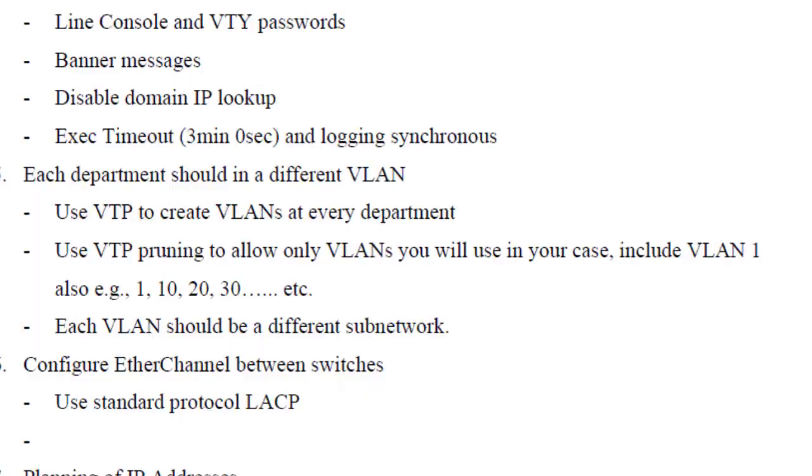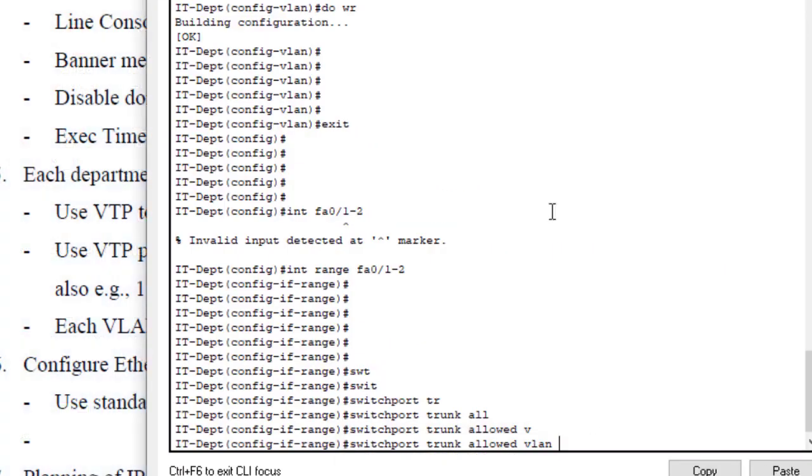The rule said VLAN 1 should be included, plus the VLANs that we created. So VLAN 1, then 10, 20, 30, 40, 50, 60, 70 and 120. We keep it till 120.